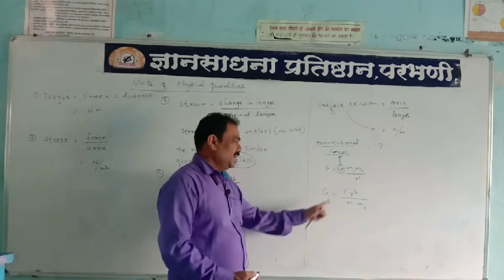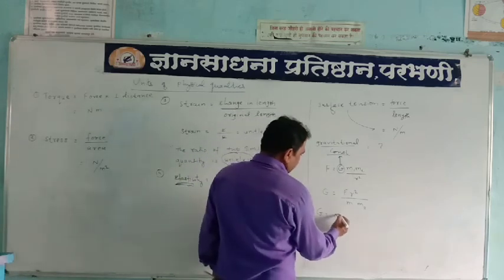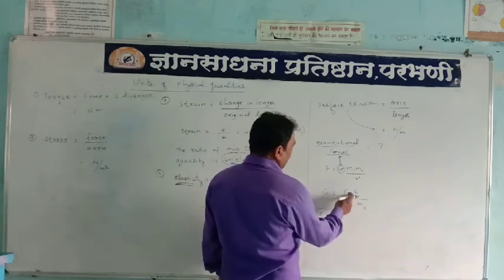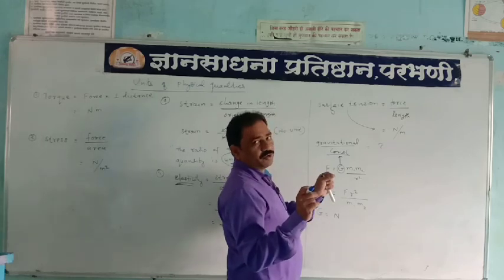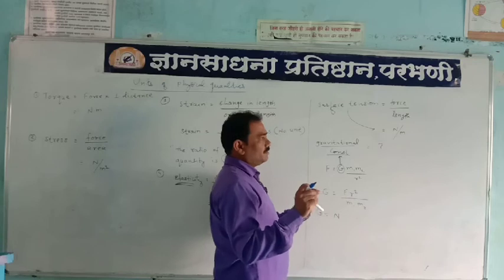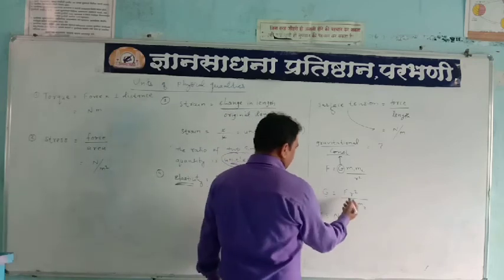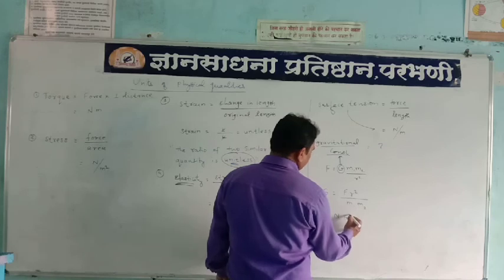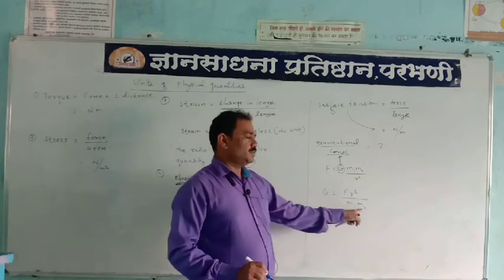So what is the unit for force? Obviously it is Newton, into r, that is the radius, or we can say the distance between two objects, and r is nothing but distance, and distance is length. So instead of r we can put meter square, upon mass of first object and mass of second object.